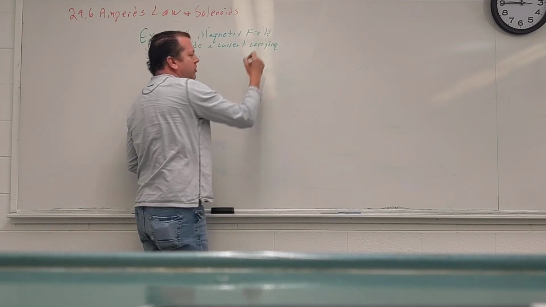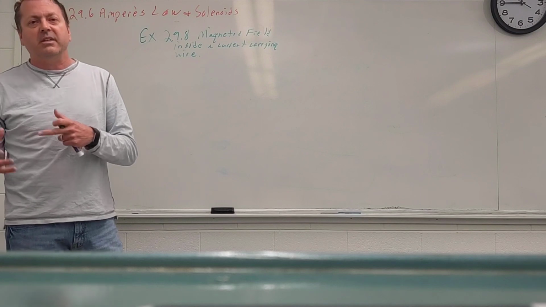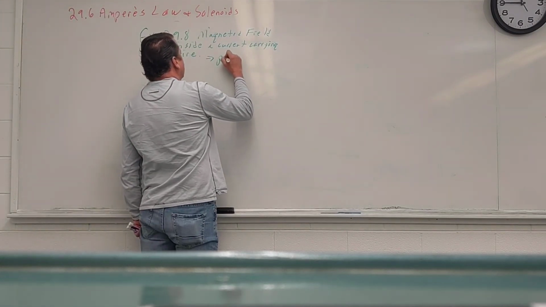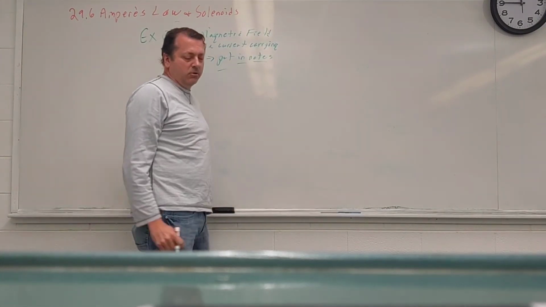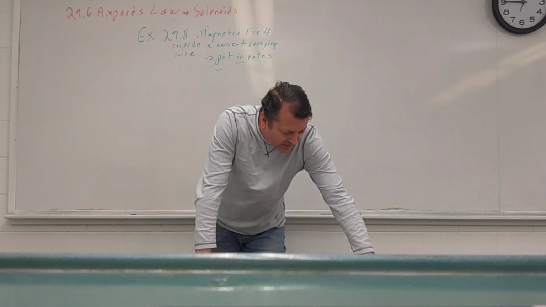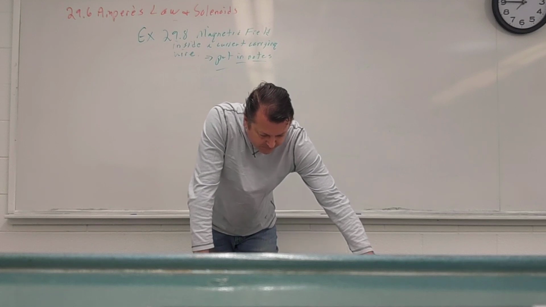That's real similar to the one we did with Gauss's law, which was the electric field inside a current carrying wire. But I want you to look at that and put it in your notes. That's a good one. Notice it has the same form, and it's done very similarly to how we did the other one.